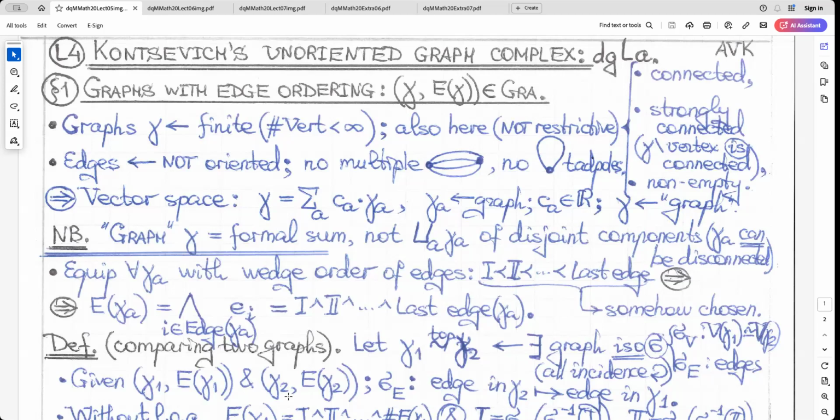They are not empty for reasons of convenience. There are no one-cycles. There is no edge ending at the same vertex. And for reasons which you will understand in 5 minutes, there are no multiple edges. So if there are two vertices, they may be connected at most by one edge, but not by many. So one vertex is strongly connected.